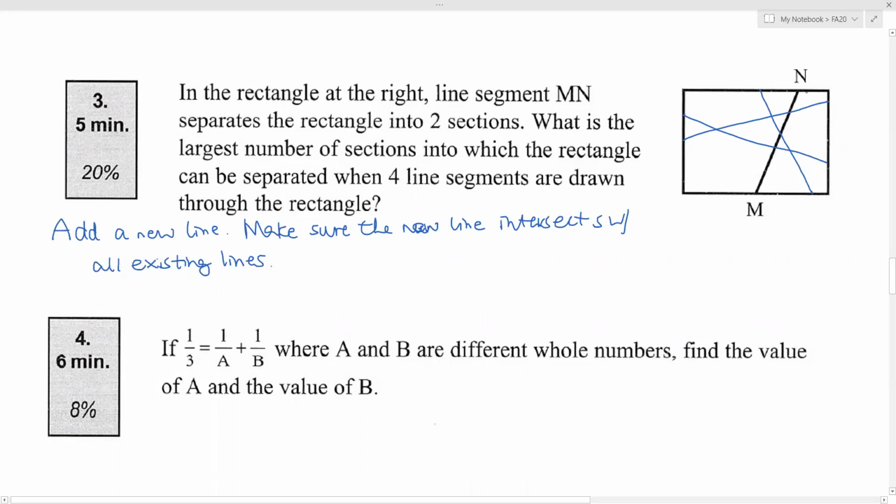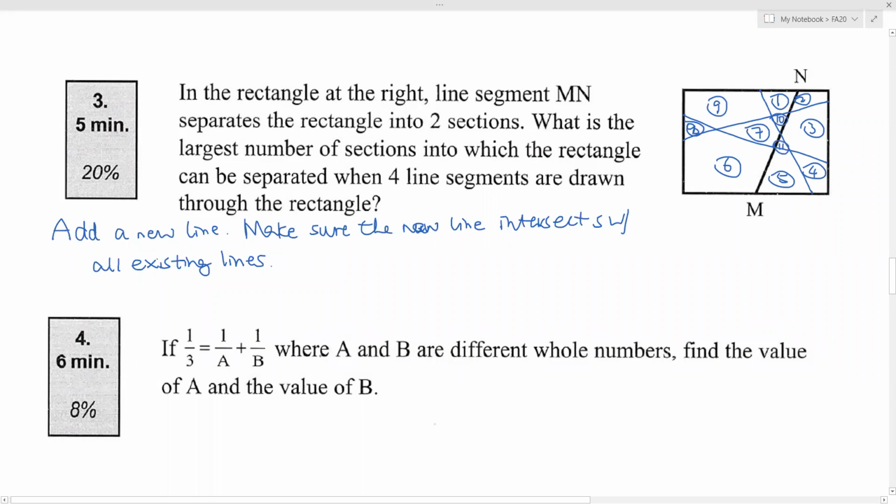Let's try to count, do it clockwise. So 1, 2, 3, 4, 5, 6, 7, 8, 9, 10, 11.